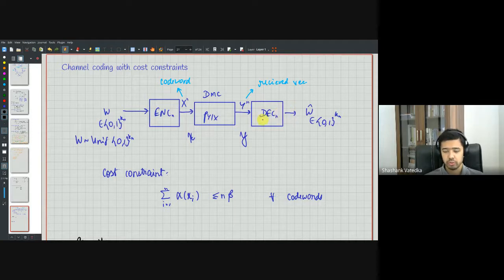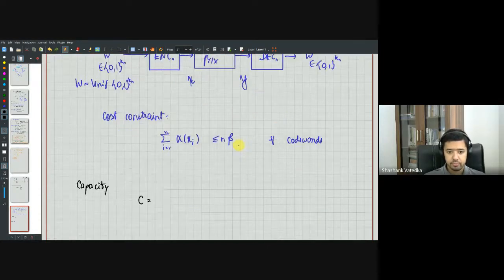And we want to also design the decoder such that the decoder outputs an estimate of the message. So it's another binary sequence of length kn, and we want to ensure that the probability that W hat is not equal to W is vanishingly small.